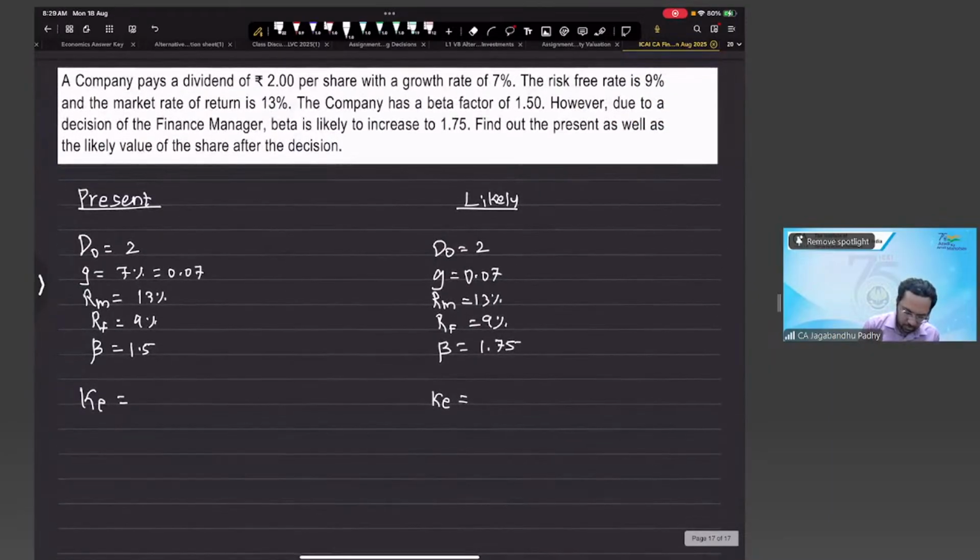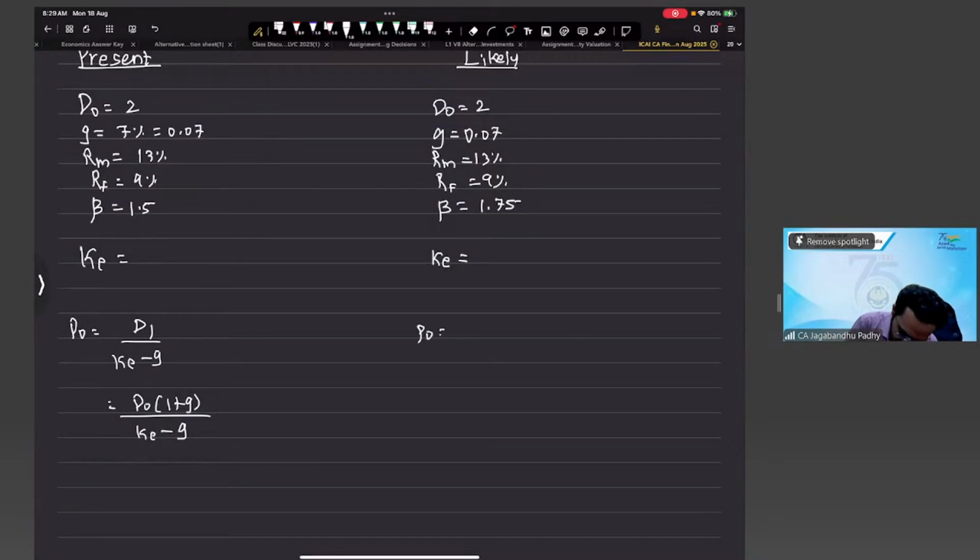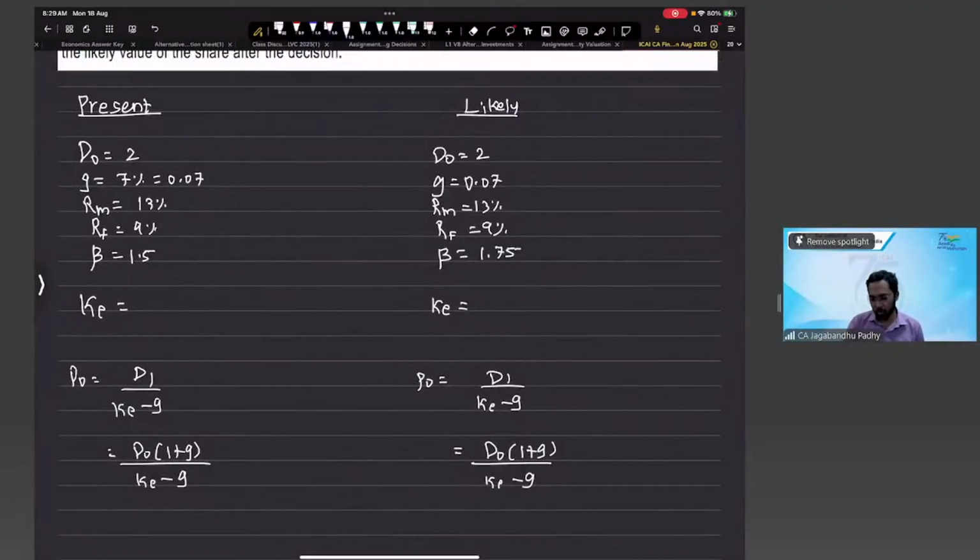After KE, you have to apply the formula for P0, which is D1 upon KE minus G, where D1 is D0 into 1 plus G. Can we calculate the price of the share in both situations?